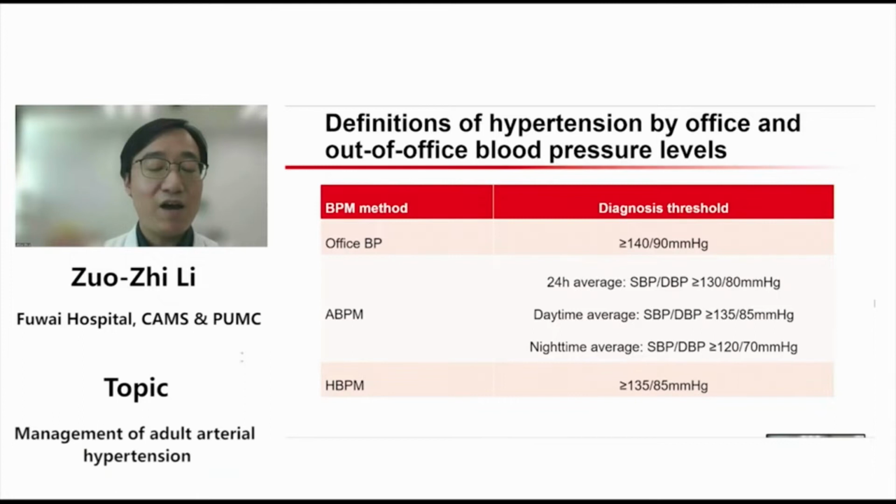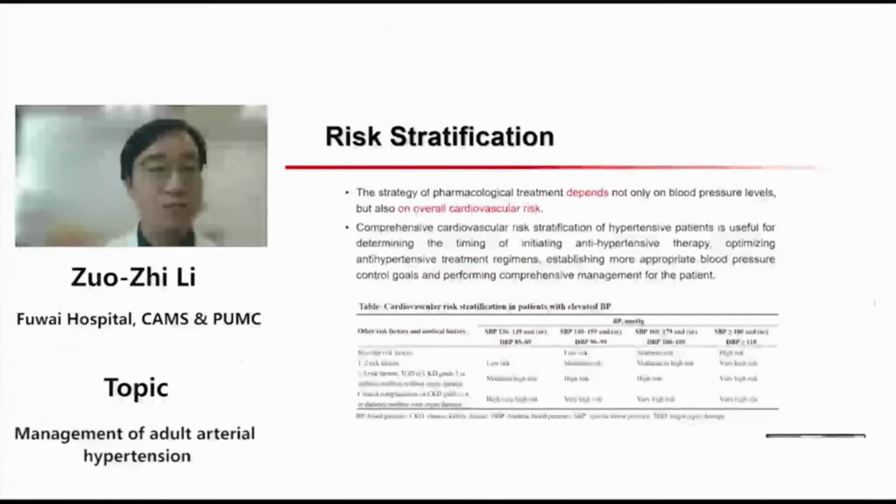After the patient is diagnosed with hypertension, what we should do next is the risk stratification, because the strategy of pharmacological treatment depends not only on the blood pressure per se, but also on the overall cardiovascular risk.